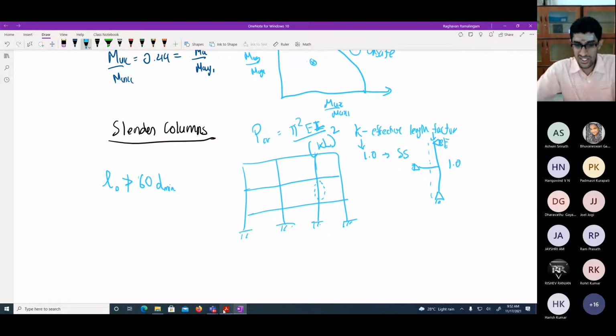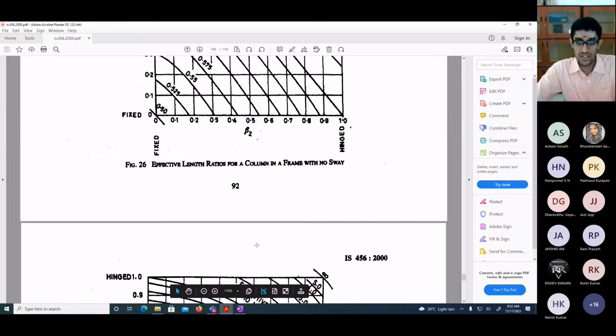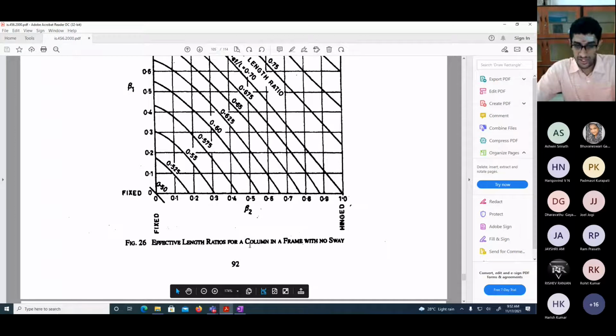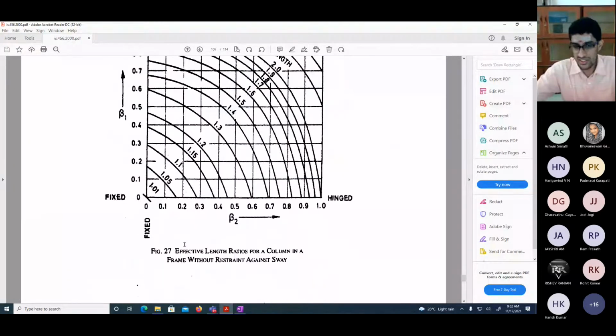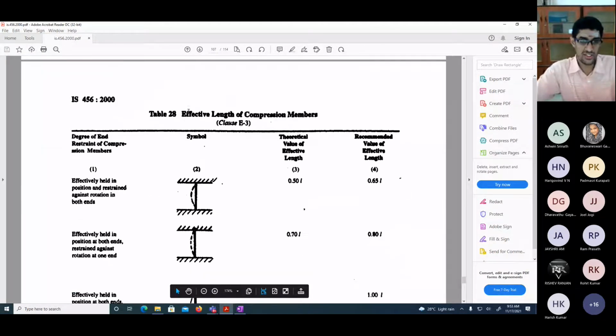It's for this purpose that these effective factors are given: with restraint against sway, without restraint against sway, and you also have the same thing for a column in a frame with no sway. But anyway, this is just for your extra information. It's not something you'll directly use. This is what you will directly use in your BTech course.